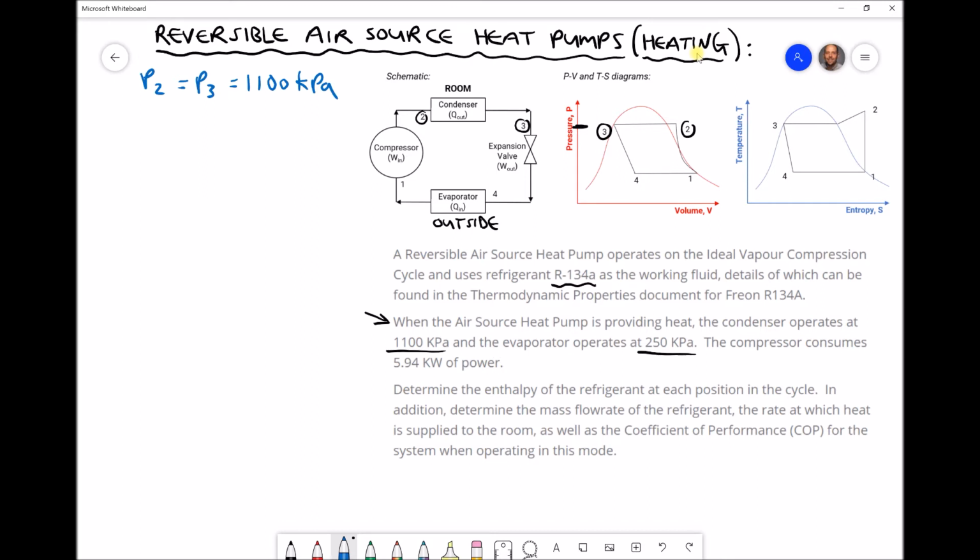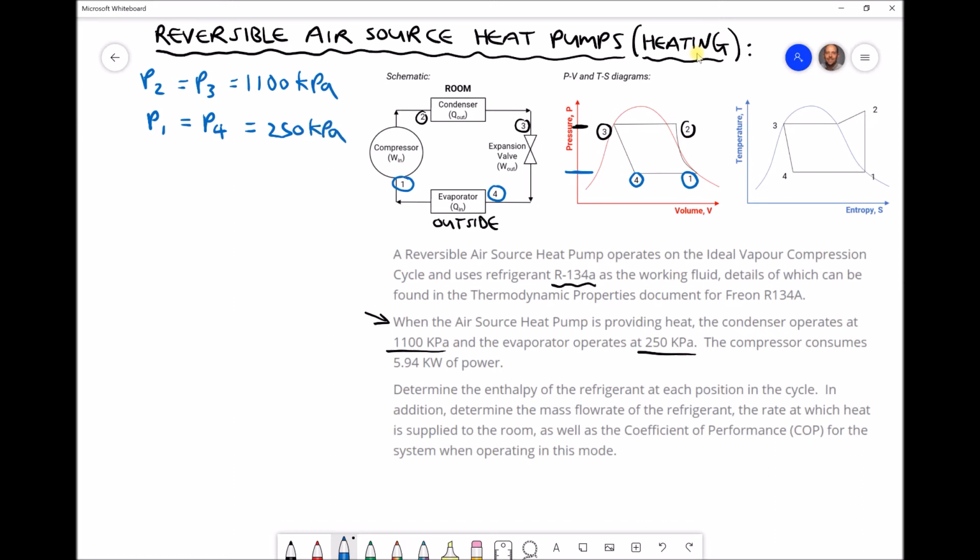It also tells us that our evaporator operates at 250 kilopascals, and we can see that the entrance to our evaporator is position 4 and the exit is position 1. Again, referring to our pressure volume diagram, we can see we have constant pressure for positions 4 and 1. So once again, we can make a note: P1 equals P4 equals 250 kPa.